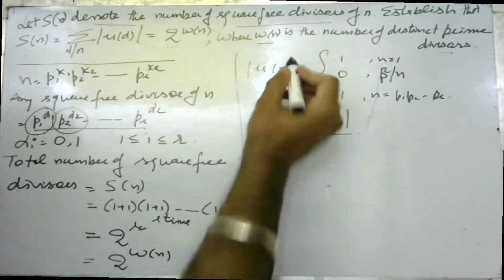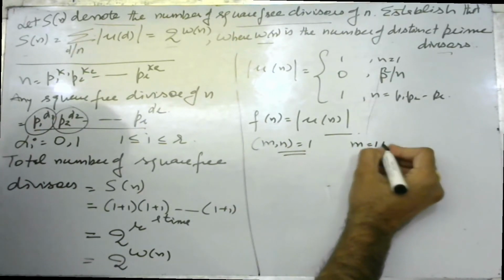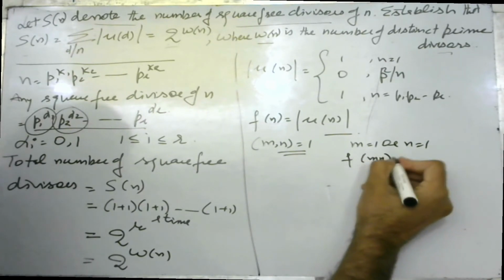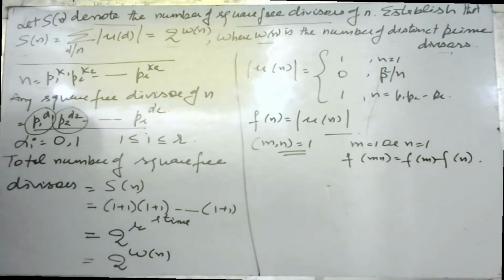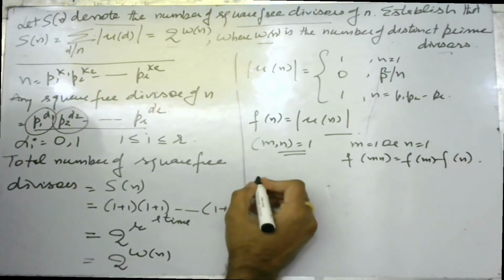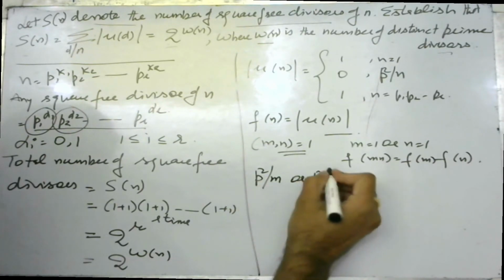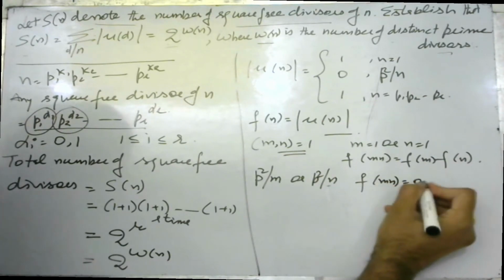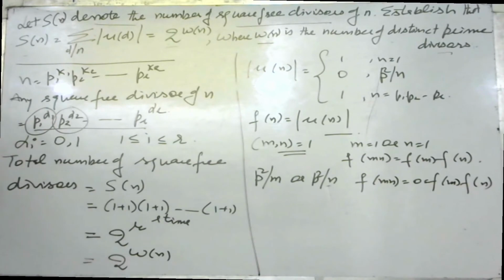Now, as per the definition we have written here, if either of them is 1, either m is 1 or n is 1, very clearly F(mn) is equal to F(m)F(n). And second step, if either of them is divisible by p square, or p square divides n, then again F(mn) is equal to 0, which is F(m)F(n).